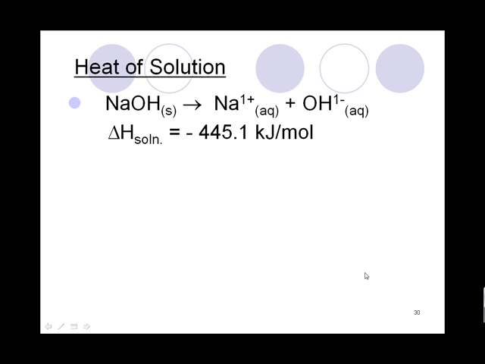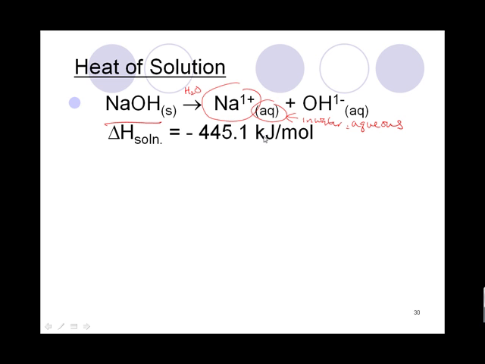So if I tell you that sodium hydroxide, solid pellets, is put into H2O, and you have a separation of the Na from the OH, and you have Na+ and OH-, and this aq means aqueous, meaning in water, like the Spanish word agua. Agua means water, so aqueous means in water.